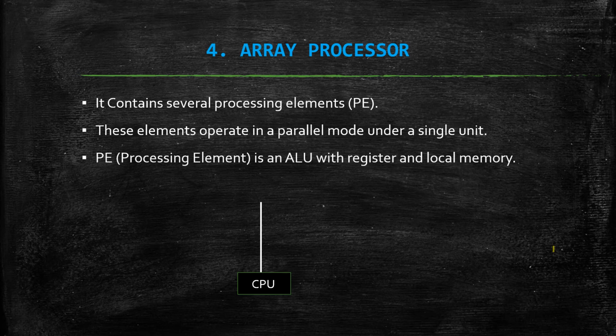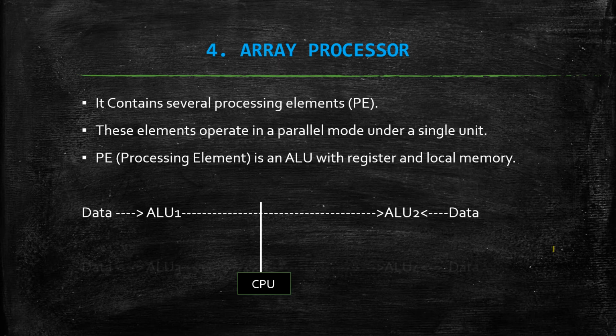And this PE is an ALU, an ALU with registers and local memory. Here you have an ALU unit which contains registers as well as local memory, meaning the ALU has its own registers and local memory. So here you can see in the image that some data is going to ALU1, this ALU1 is going to ALU2, and some other data is also coming to ALU2, but still it can perform the operation.